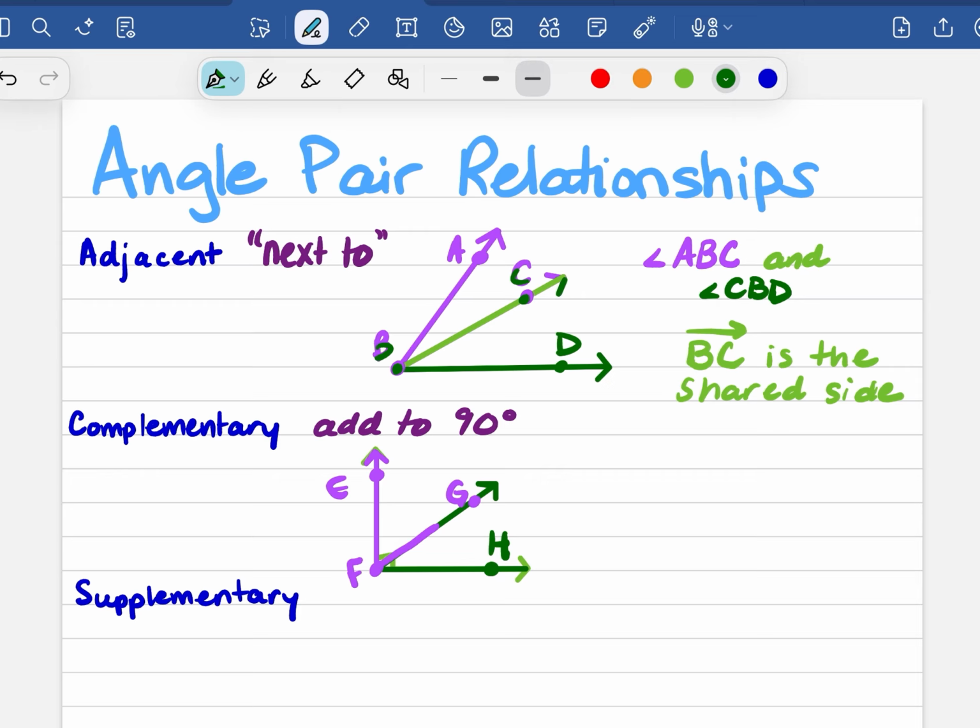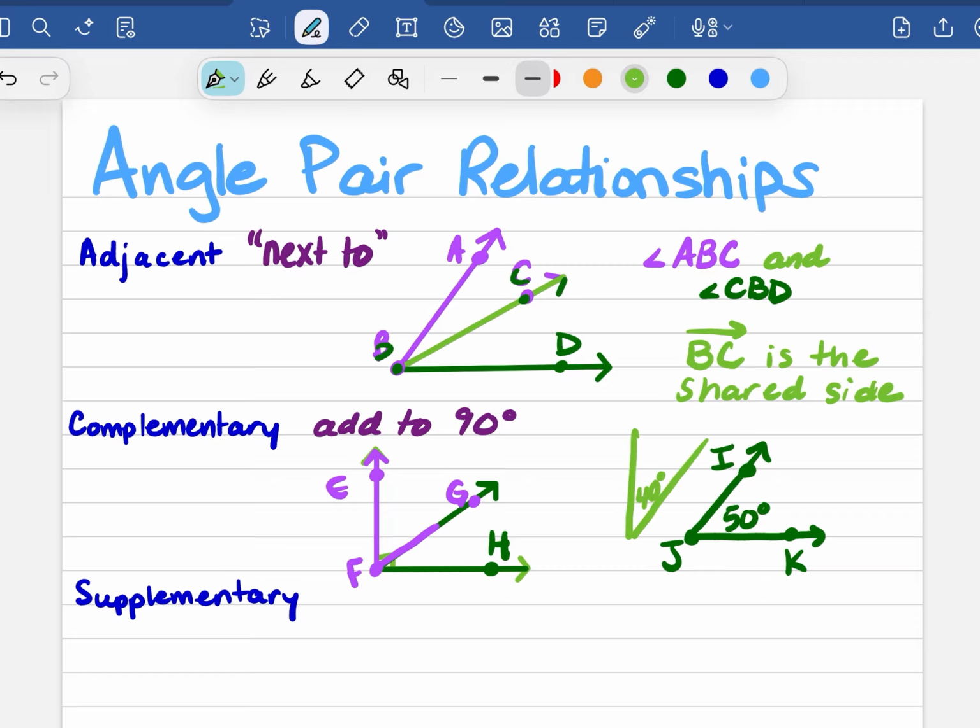So what else I could have is if I have IJK, and this is a 50-degree angle, and maybe not attached, but I have a 40-degree angle LMN.